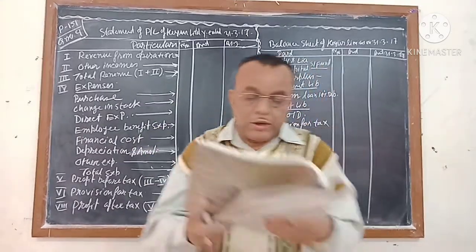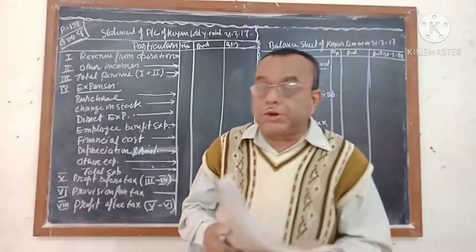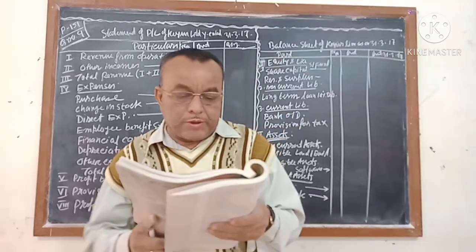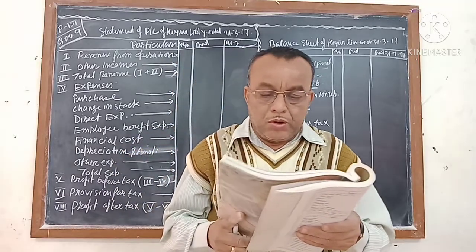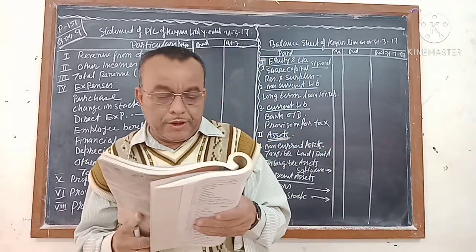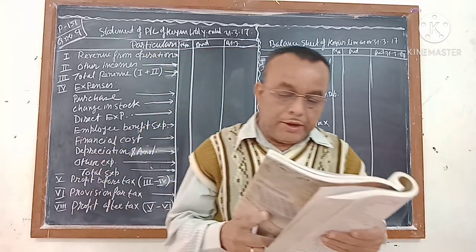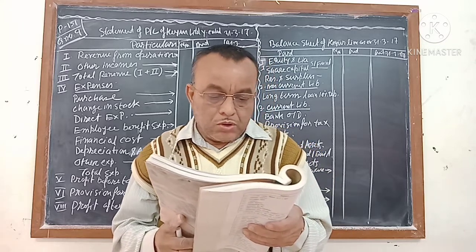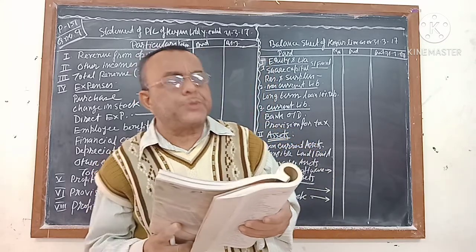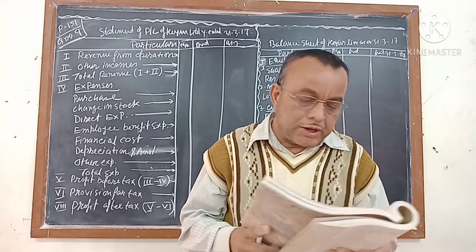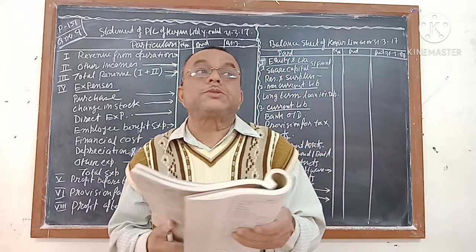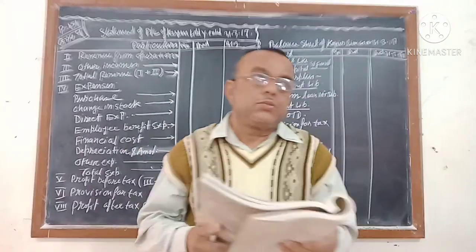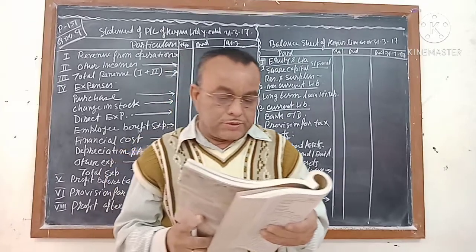Page number 151, question number 9, most important. Pay very careful attention. Let me read what is given. Following is the balance sheet of KU Limited as on 31st March 2017. The debit and credit items are given: equity share capital, office and sales expense. From this I can understand that equity share capital is a liability, and office and sales expense comes in the profit and loss statement. So this is a combined sum for the profit and loss statement as well as the balance sheet.